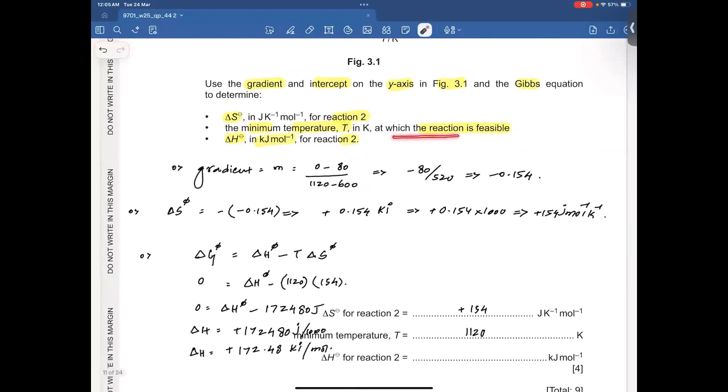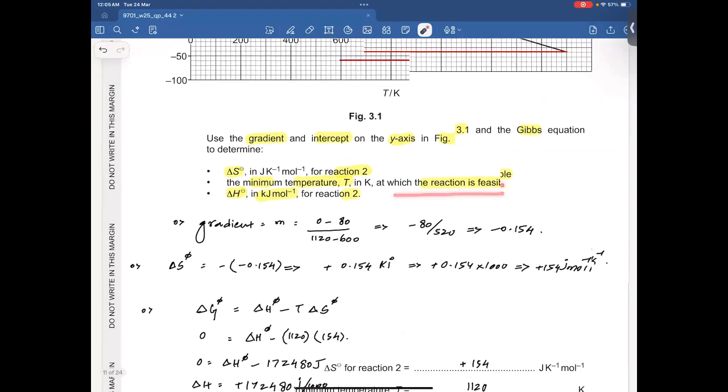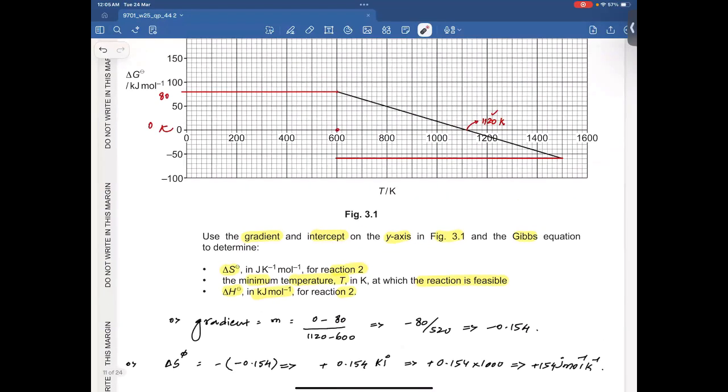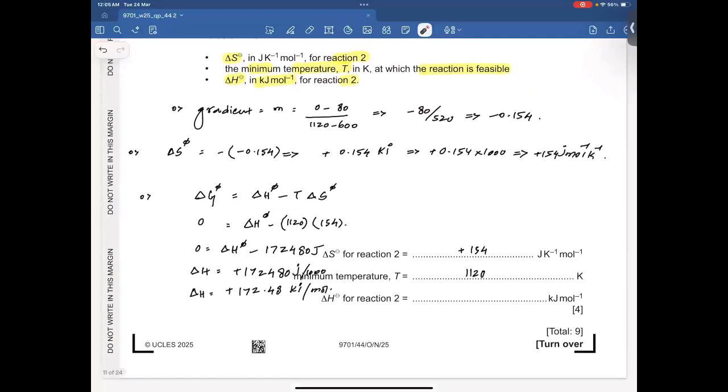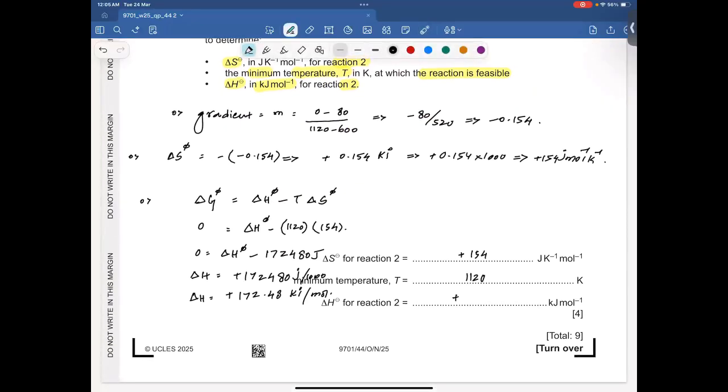Because the reaction is feasible. Reaction is feasible when delta G naught is 0 because at 0 we have 1120, okay? Think about it this way. And delta H naught is basically plus 172.48. So I can write 172.5. That's the end of this question.